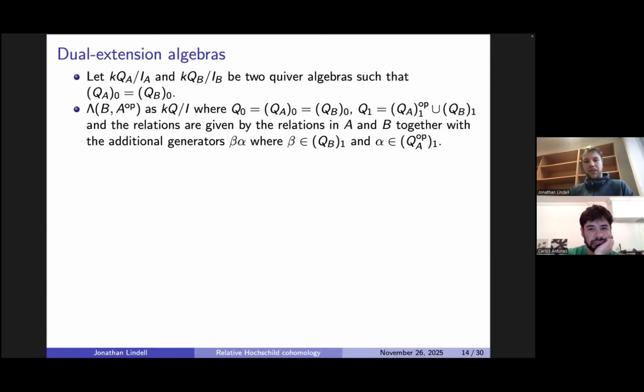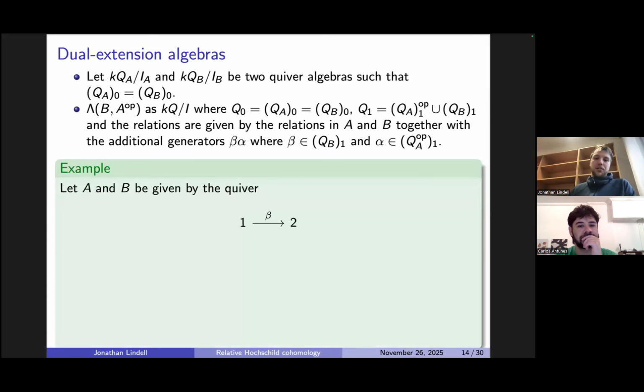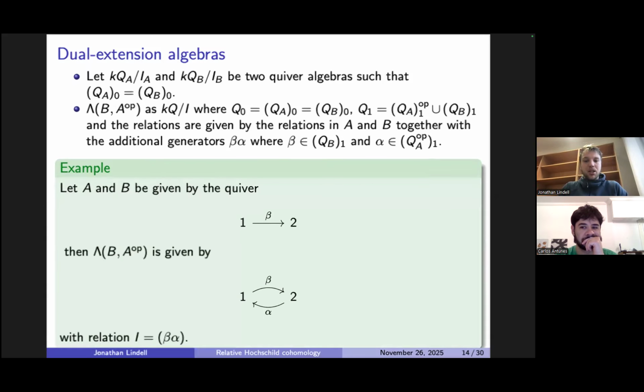Okay, so this is much clearer if we just do a simple example. So now, if we just let A and B for ease be the same quiver, so we have that A and B are both just the A2 quiver. Then what we do is we take another copy of the A2 quiver, we flip it around, and then we glue on.